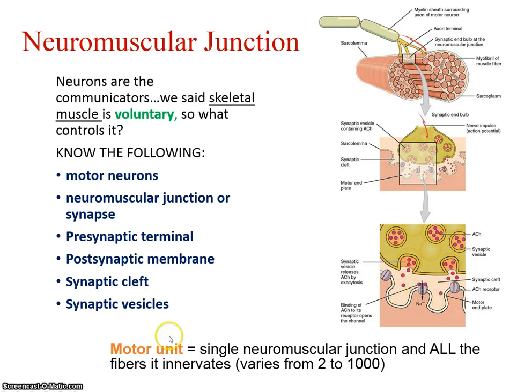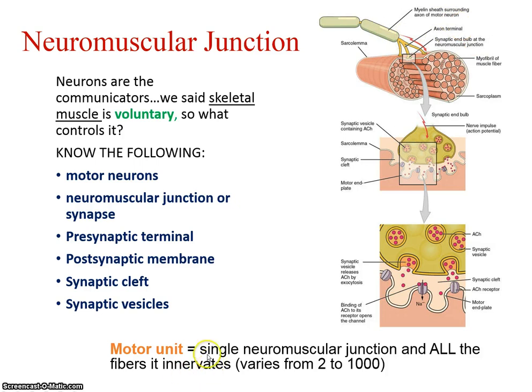So a motor unit, we're defining a lot of terms here, so just try to stay with me. A motor unit is the single motor neuron and all the muscle cells it makes contact with. So here, this is making contact with a muscle cell, but this could branch and make more contact.